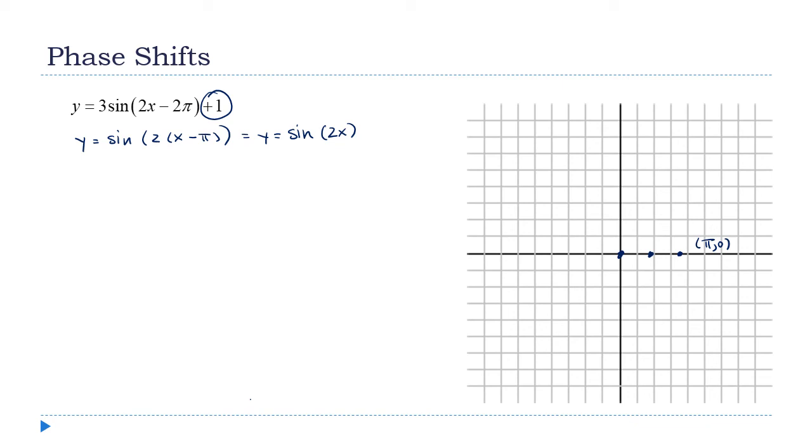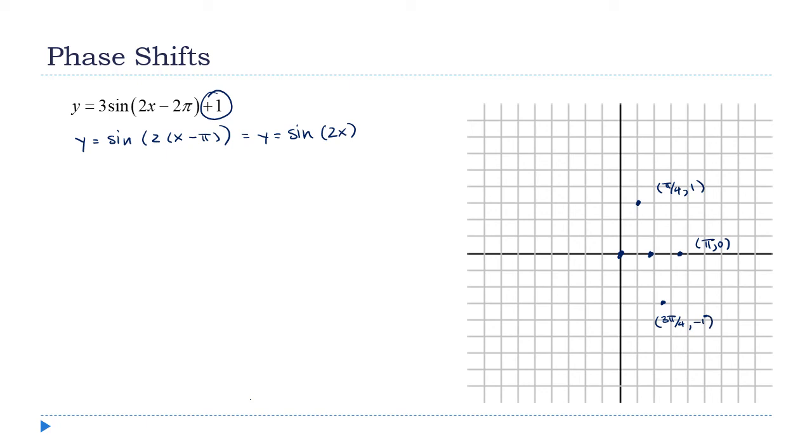So here at pi over 4 is where the first maximum would be, and here at 3 pi over 4 is where the minimum would be.